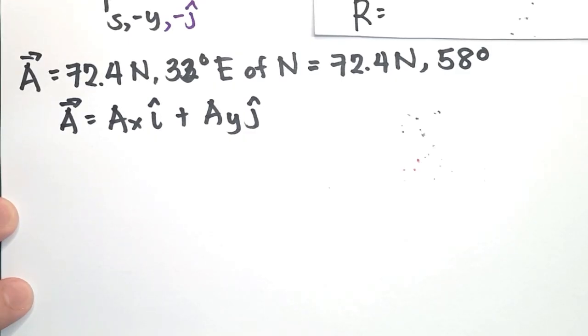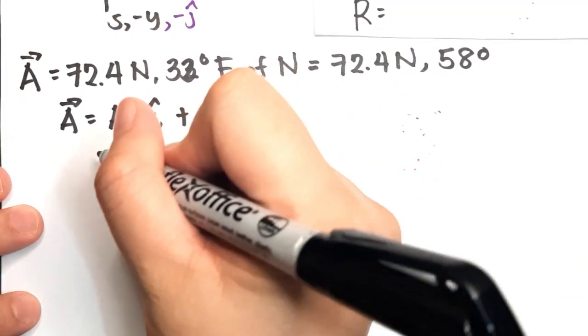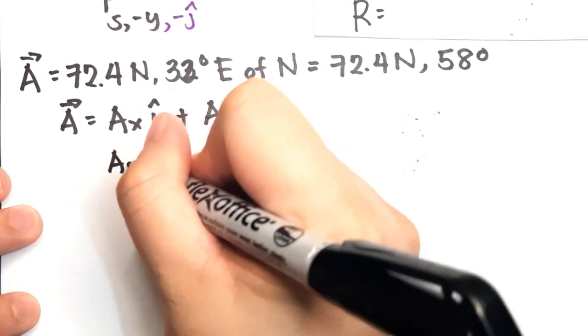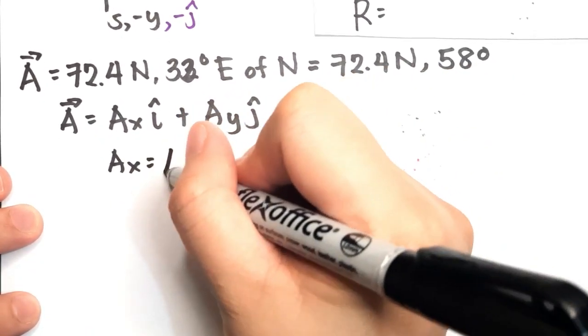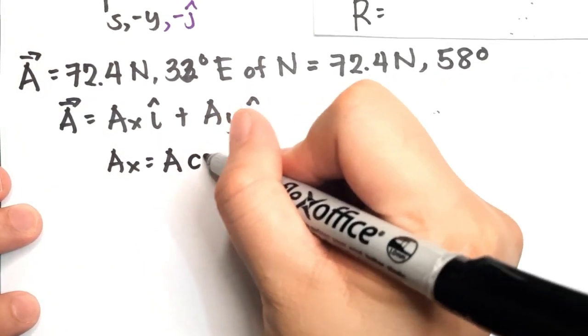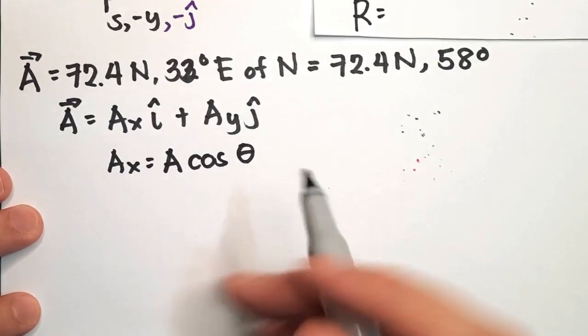Okay, so if you solve for the components, what is AX and what is AY? To get AX, it is just equal to the magnitude of A times cosine of the angle. The angle should be in polar coordinate.